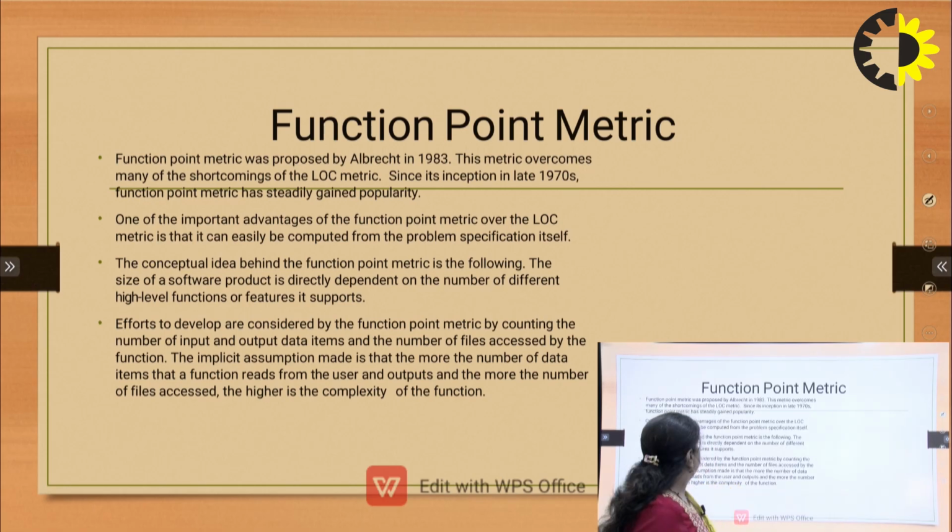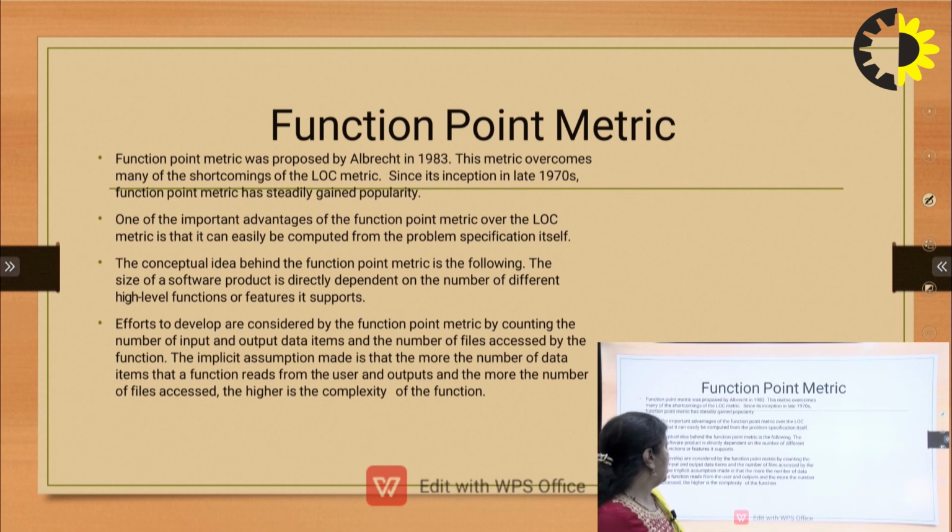The concept behind the function point metric is that the size of the software product is directly dependent on the number of high level functions or features it is supporting. By analyzing the number of different high level functions, we can find out how complex my software code is.